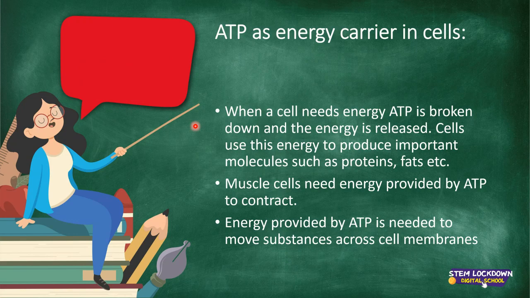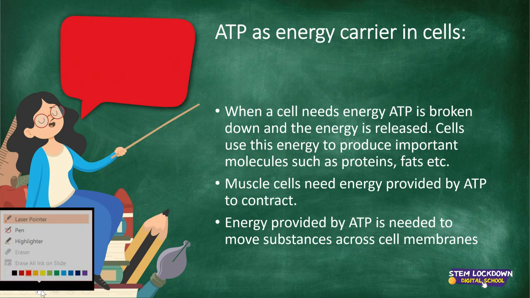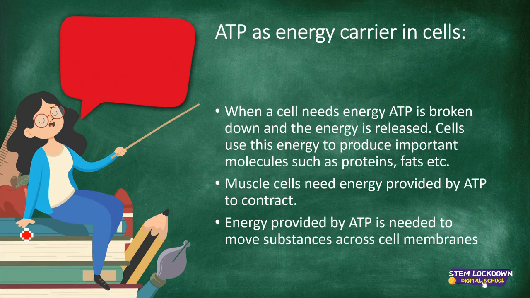Whether you're a human cell, whether you're an animal cell, all cells use ATP. ATP comes from a molecule which is called adenosine triphosphate. I just want to draw the molecule here for you.